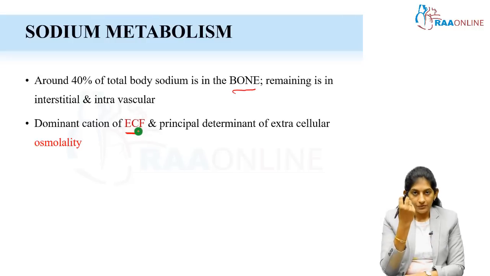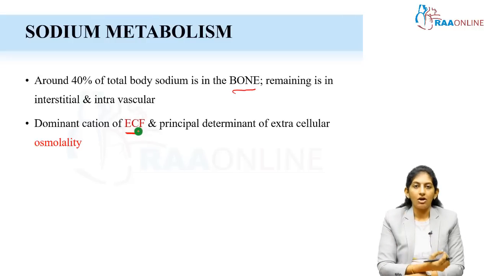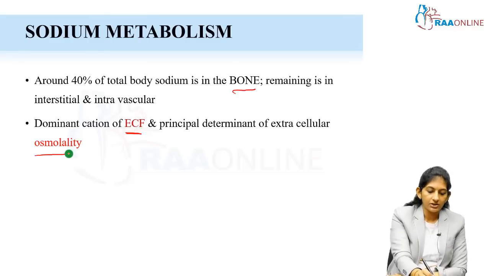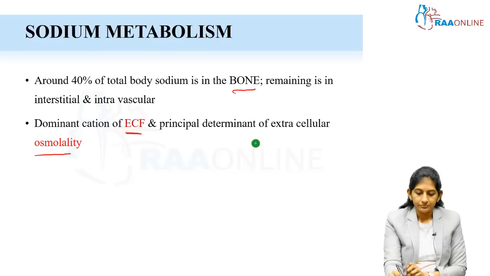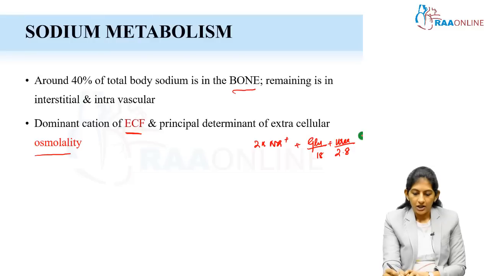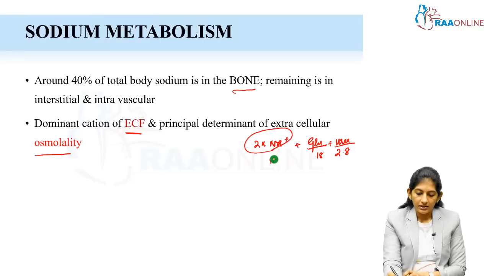And the presence of sodium will determine the osmolality, isn't it? You know the formula for osmolality: 2 into sodium plus glucose by 18 plus urea by 2.8. 2 into sodium, say the sodium is 135, so 2 into sodium will be 270.